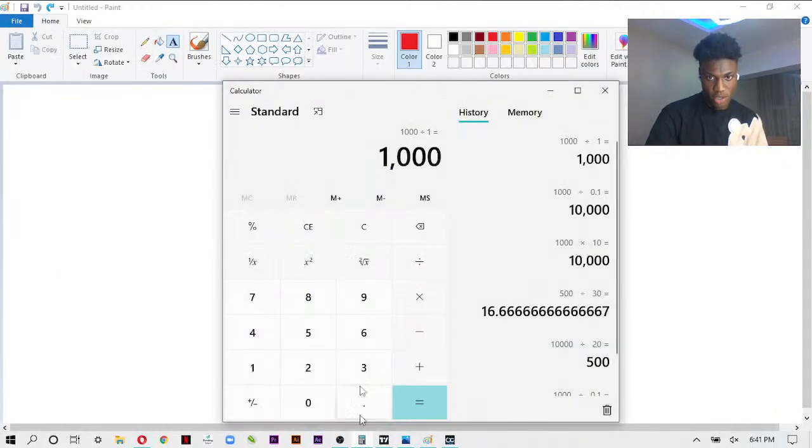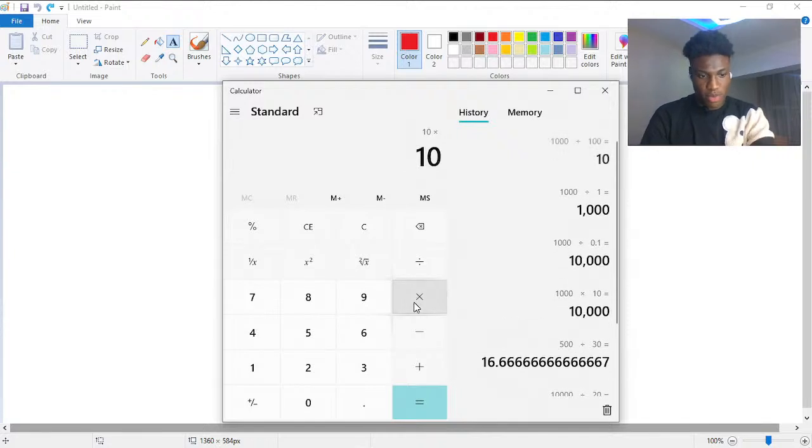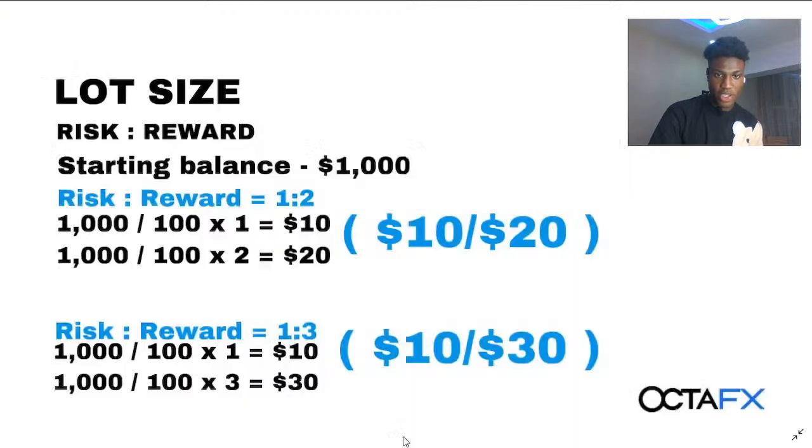That's $10, right? So your 1% risk on a $1000 account is going to be $10. Your reward is the same thing, 1000 divided by 100 multiplied by 2 to get your 2% reward on this starting balance, right?